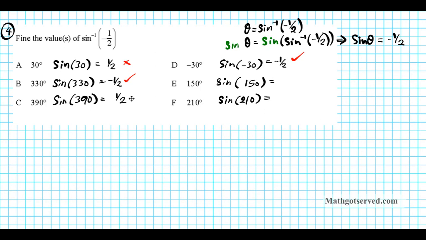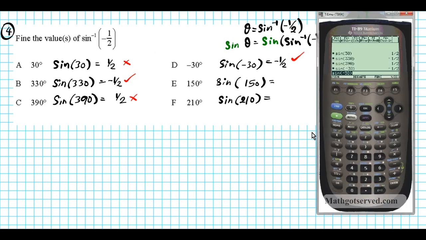All right, let's try the last two. Sine 150 and 210. Sine 150 is 1/2, no good. And then sine of 210 is negative 1/2, and that's good.